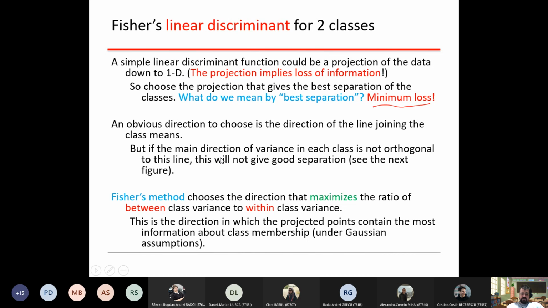If the main direction of variance in each class is not orthogonal to this line, then we will not have a good separation. And we'll see soon what's happening.